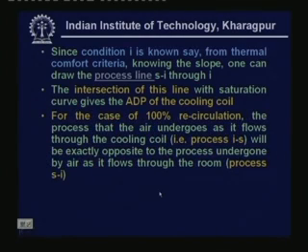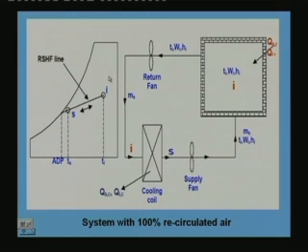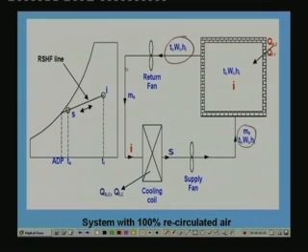For the case of 100% recirculation, the process that the air undergoes as it flows through the cooling coil, that means process IS, will be exactly opposite to the process undergone by air as it flows through the room, that is process SI. That means what is happening to the air as it flows through the conditioned space will be exactly opposite to what is happening as it flows through the cooling coil.